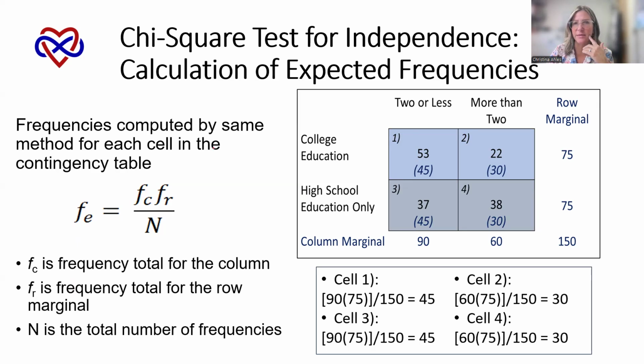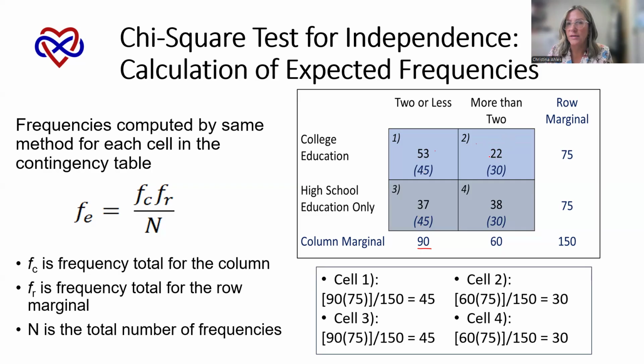What that means is basically add up each row sideways and add up each column. So if I looked at 53, which was our observed frequency, and 37, the other observed frequency, and added those together, that would be 90, and that would be a column marginal or column total.